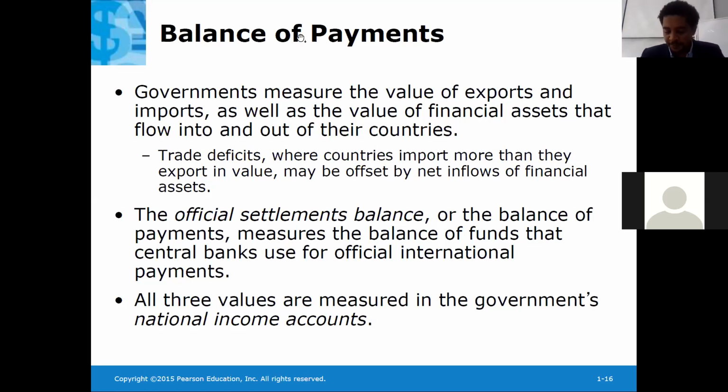And there is a trade surplus when a country has higher exports than imports. Okay, then as I've said, for example, for the last several years, China and South Korea have had a higher trade surplus.